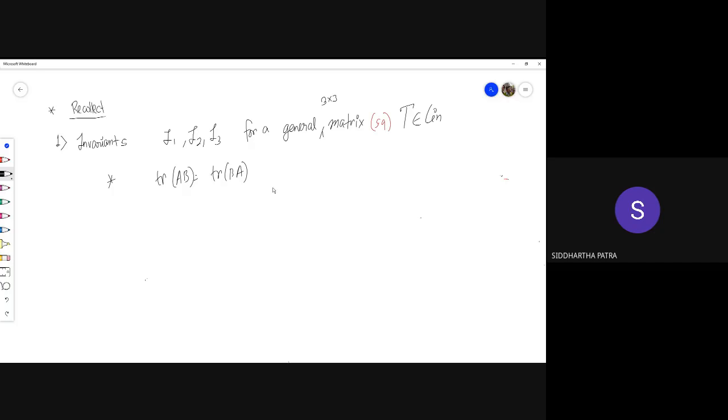This requires to be proved. Trace of AB is actually the summation of all the terms.